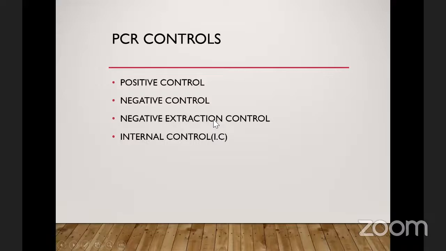Okay, so the next thing we'll look at is PCR controls. Yeah. So, we talked about how sensitive this technique is. We talked about the fact that a little amount of contaminating DNA can give you a false positive result, can have ambiguous results.